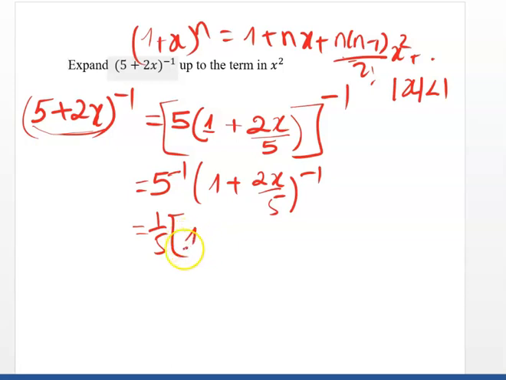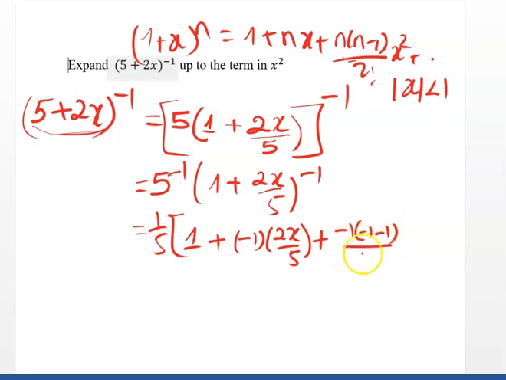So we have our 1 here, n is negative 1, x here is this term, 2x over 5, plus n, negative 1, times negative 1 minus 1, divided by 2 factorial, which is 2, then 2x over 5 to the power 2.